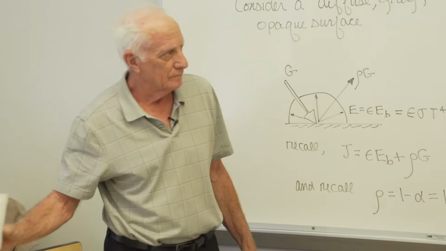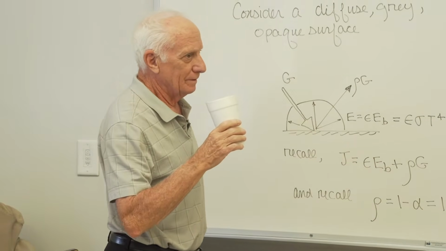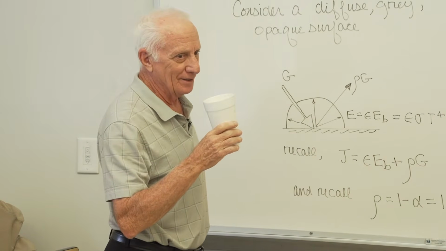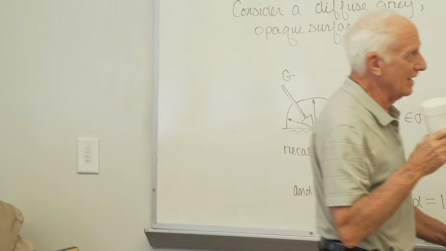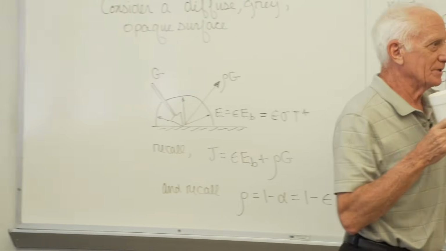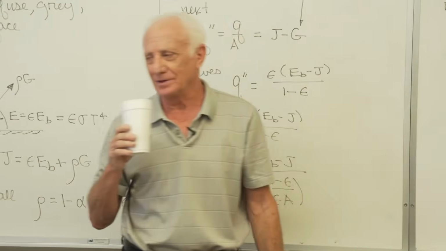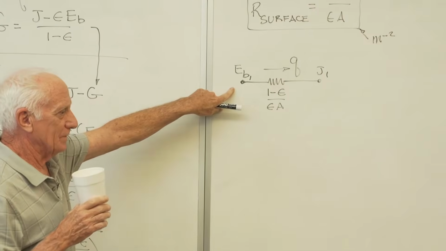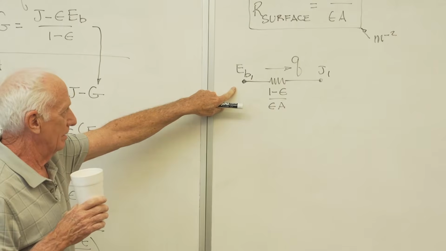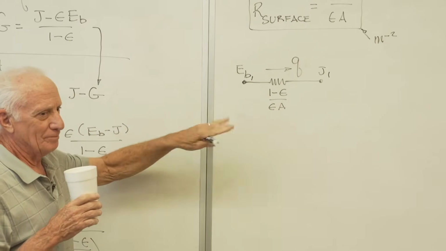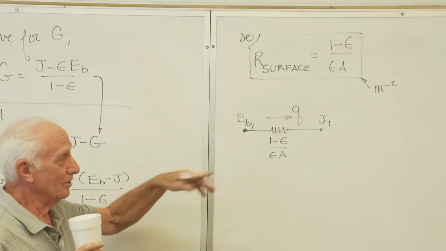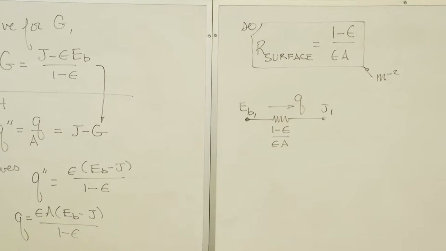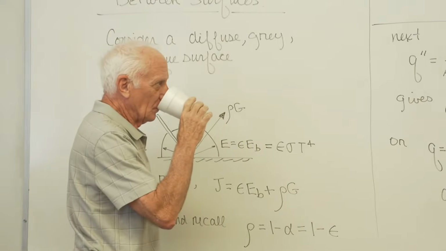One's for conduction heat transfer, chapter 3. The other one's for radiation heat transfer, chapter 13. When you model a radiation problem with a radiation network with resistors, don't call those potentials T1 and T2. They're not T1 and T2. This is sigma T1 to the 4th power. Some people in a rush will put T1 and T2 there. No, they're not.